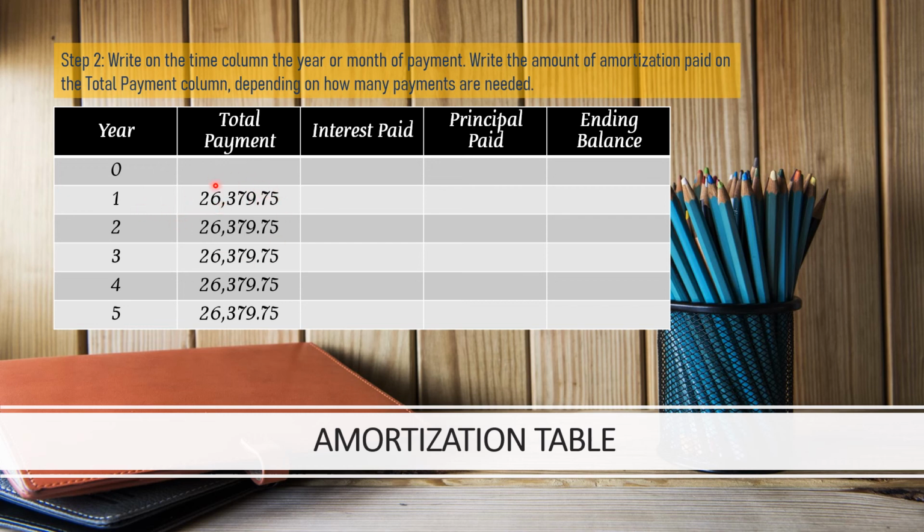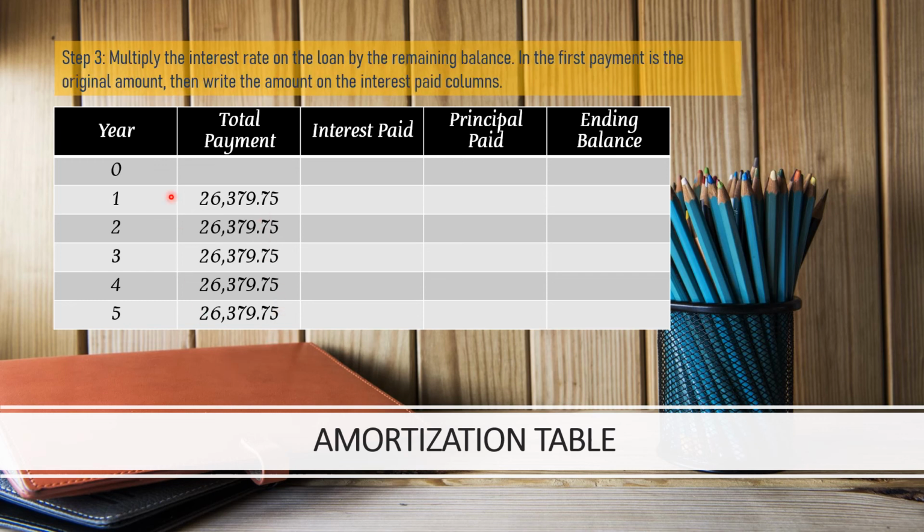So itong total payment, nakalagay dito yung amortization mo, monthly amortization, but this time, this is not monthly, yearly siya, since we have here the word year and the number 0 up to 5. Ito yung regular payment mo, which is 26,379 pesos and 75 centavos. Now, step number 3, multiply the interest rate on the loan by the remaining balance.